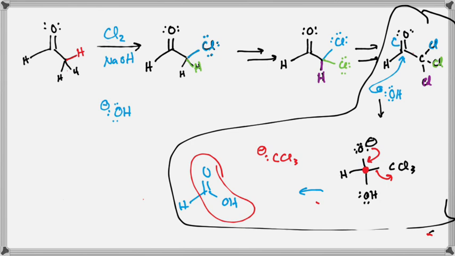As Tyler was suggesting, we're in a basic environment. We also have negative carbon. How can we stabilize that negative carbon? Mechanistically, it comes in, picks up the hydrogen. We get the negative oxygen.